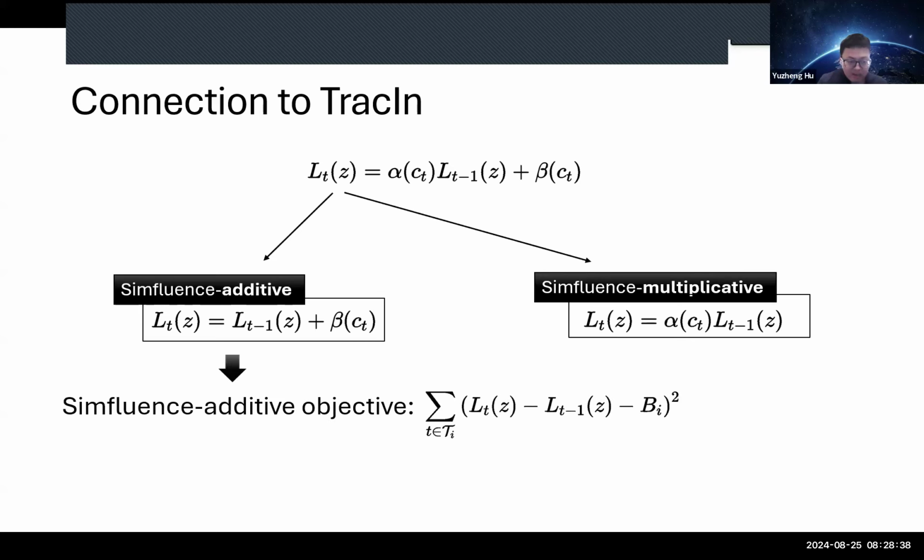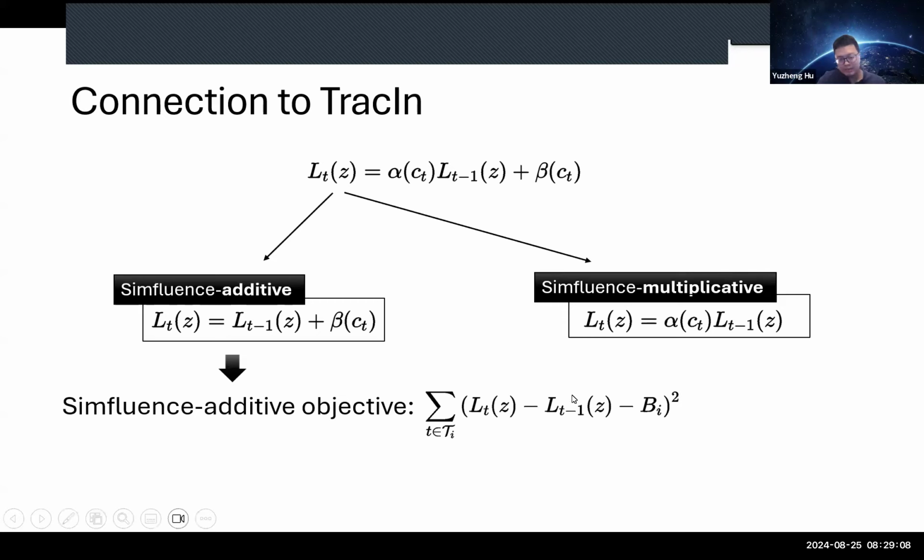So we can check the Simfluence additive objective, which is LTZ. If you just ignore the multiplicative factor and make it 1, then the Simfluence additive objective is basically the square of losses, the square of LTZ minus LT-1Z minus BI. And this is the case for batch size 1.